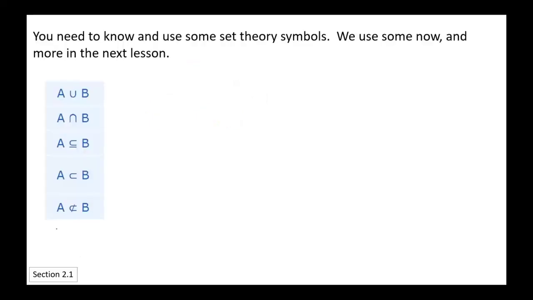Now here we've got some set theory symbols. Some of these come up now, some of them come up in the latter section, and this is unioned. What you want to do with that is look at both sets together.